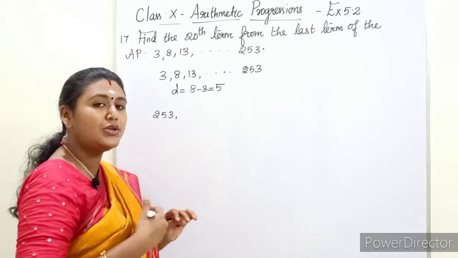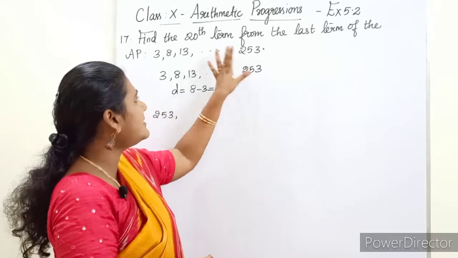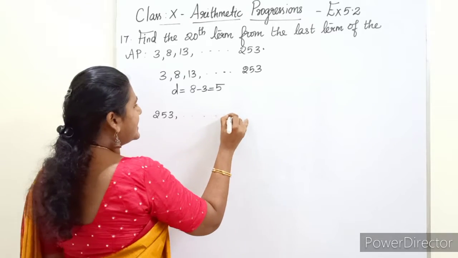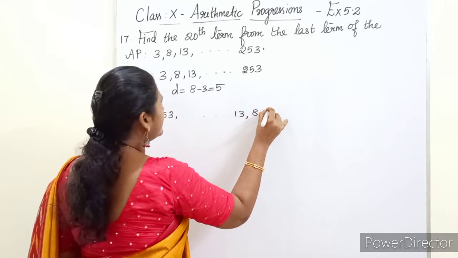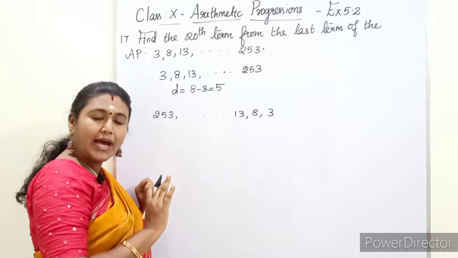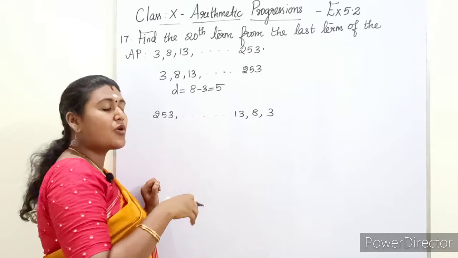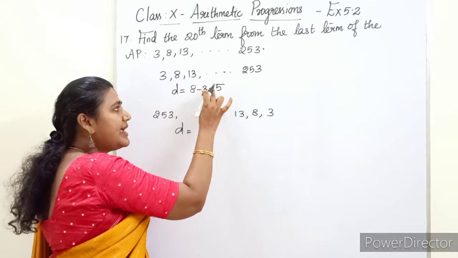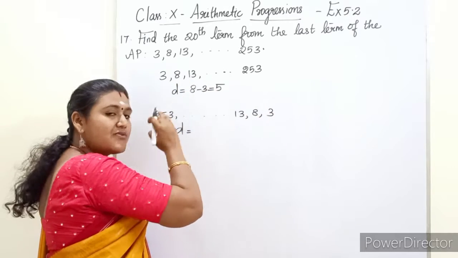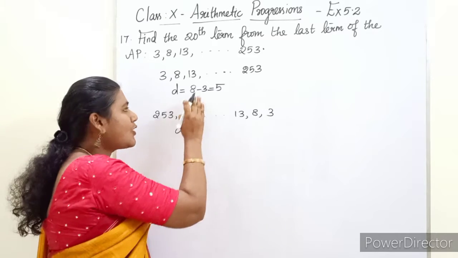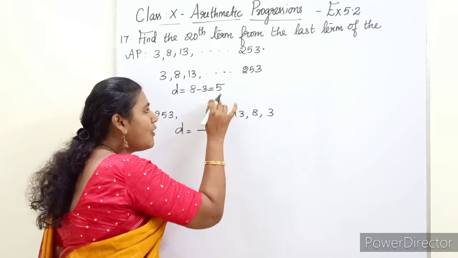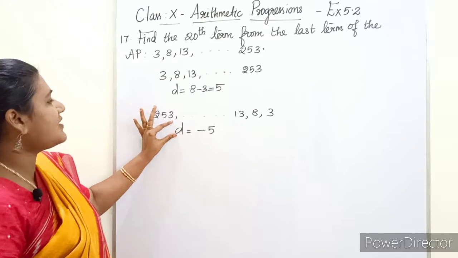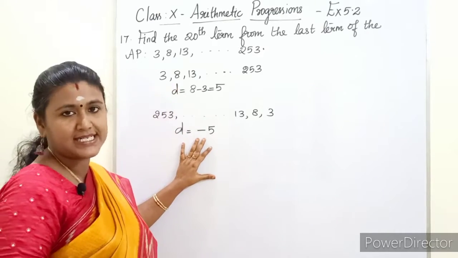We form a new AP by writing the terms in reverse order: 53, etc., 13, 8, 3. This is also an AP, and what will be its common difference? The common difference of the given AP is 5, so if we reverse the terms, we get the negative of that common difference, that is, minus 5.